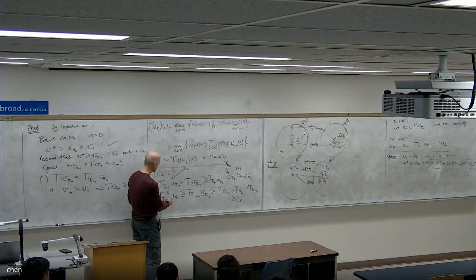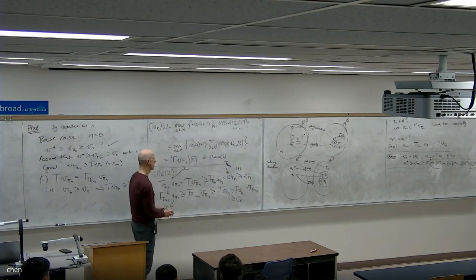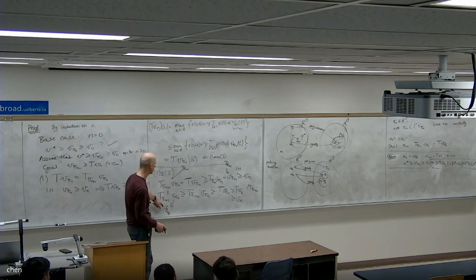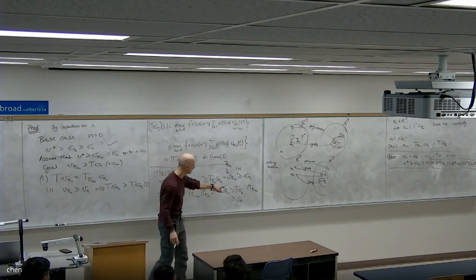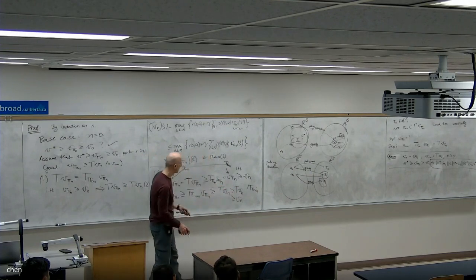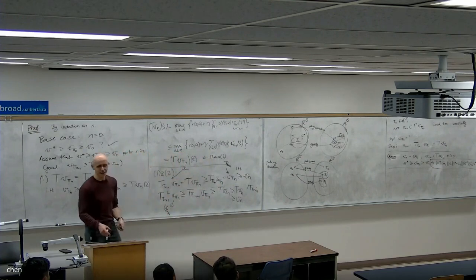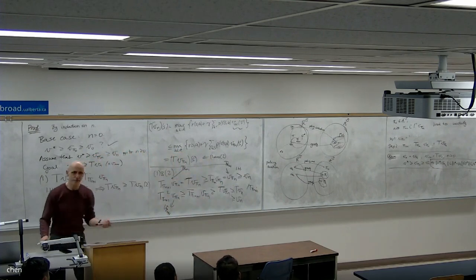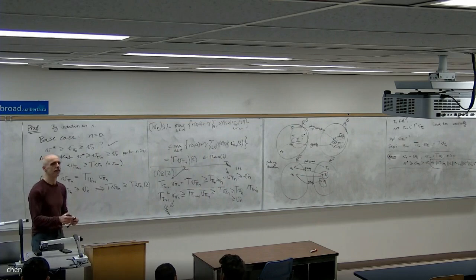You keep applying. The right-hand side is going to converge to V pi n plus 1. And if you do this carefully enough, you find, lo and behold, that V pi n plus 1 is at least as large as T Vn. If you got confused, I got confused, so I assume you also got confused.